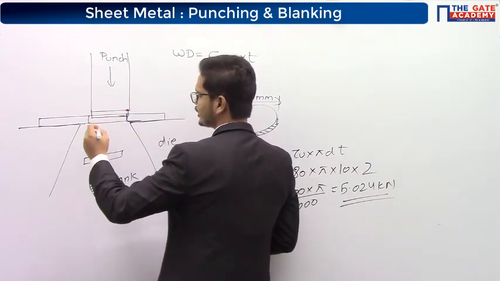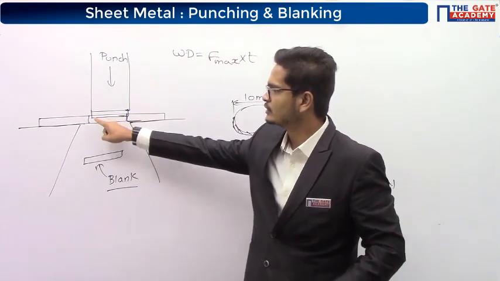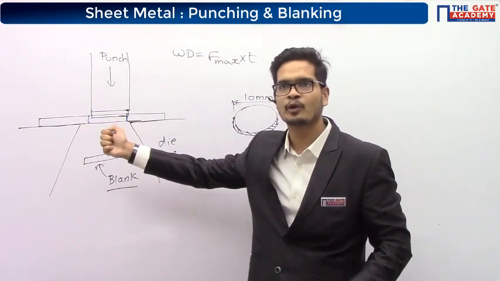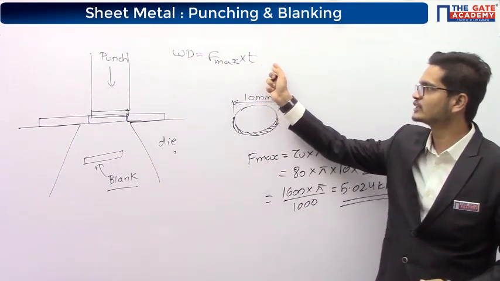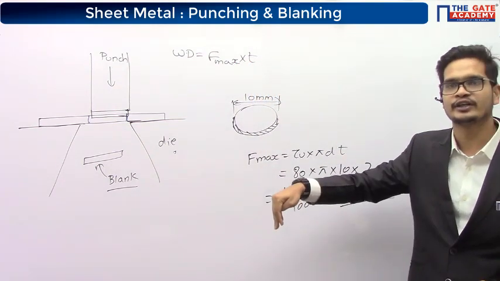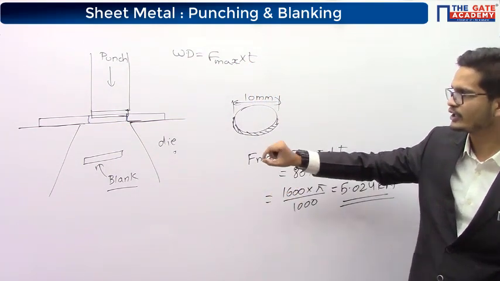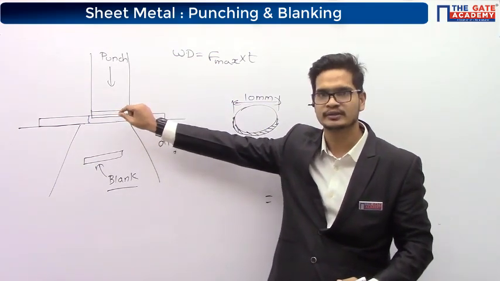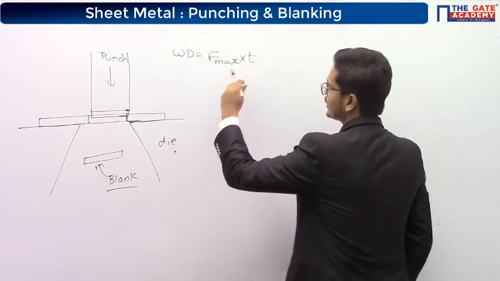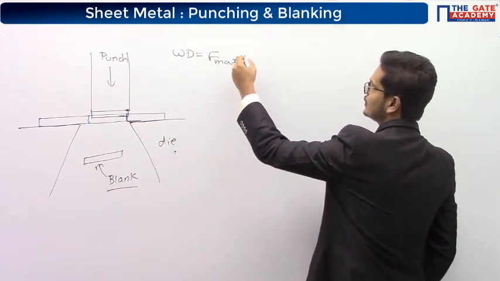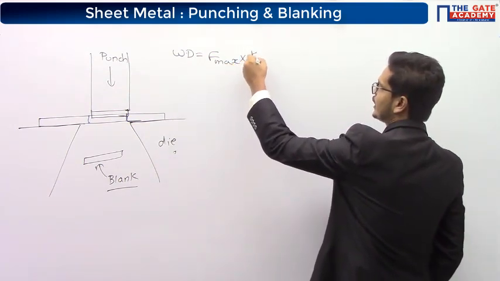Just by entering a certain portion, the cracks are formed and the cracks propagate. So it is not necessary that the entire length it has to enter. It has to enter just a fraction of the thickness. Understood? So work done is equal to F max into KT.